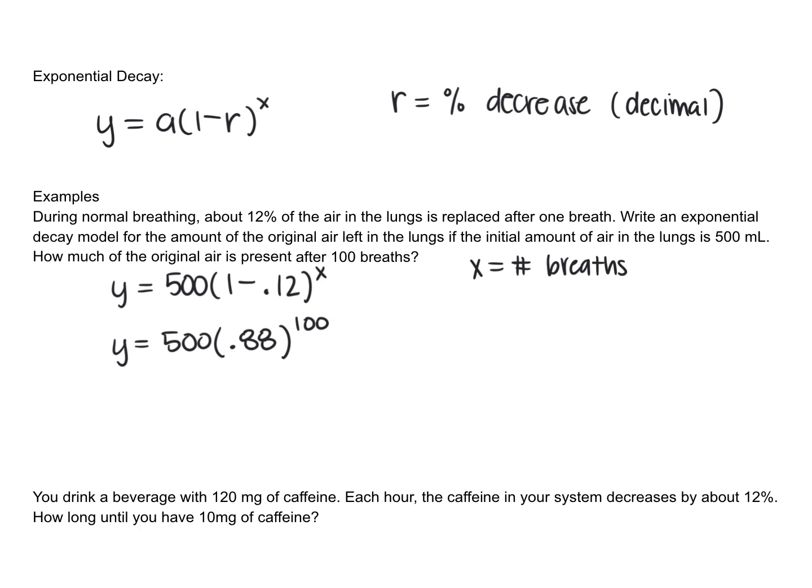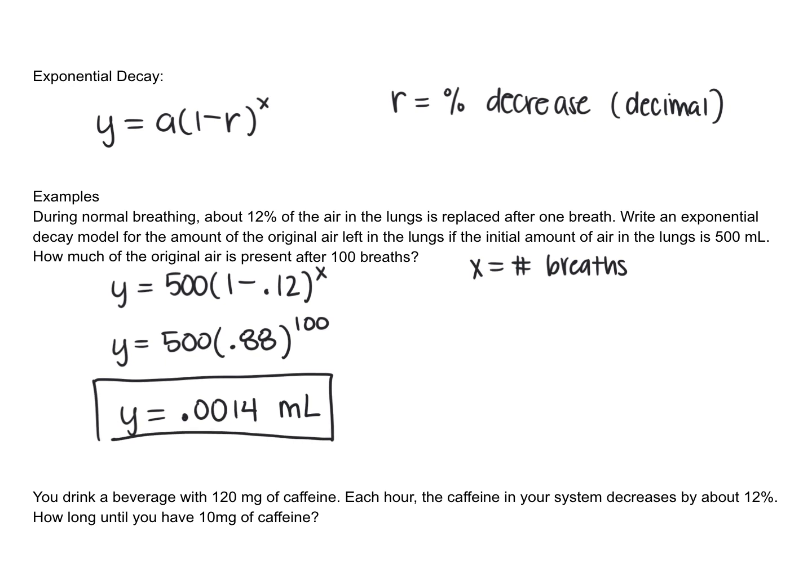So again, plugging this into my calculator all at once, we're going to get y equals, and because it's just a small decimal, I'm going to go 4 decimal places, 0.0014, and then our units are going to be milliliters. So not much of the original air is left after 100 breaths.